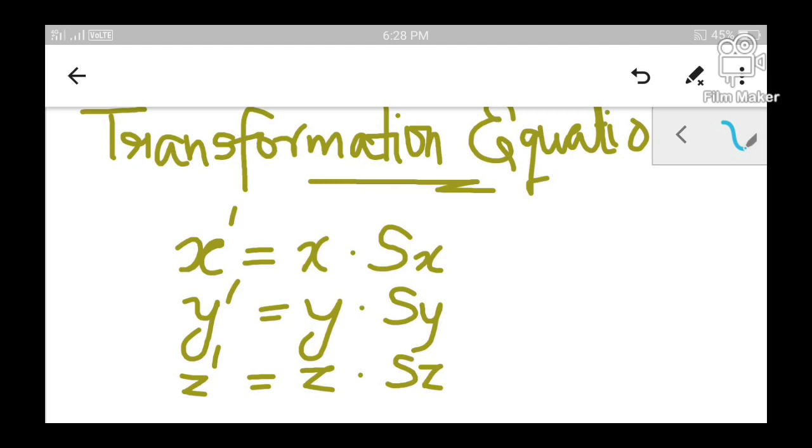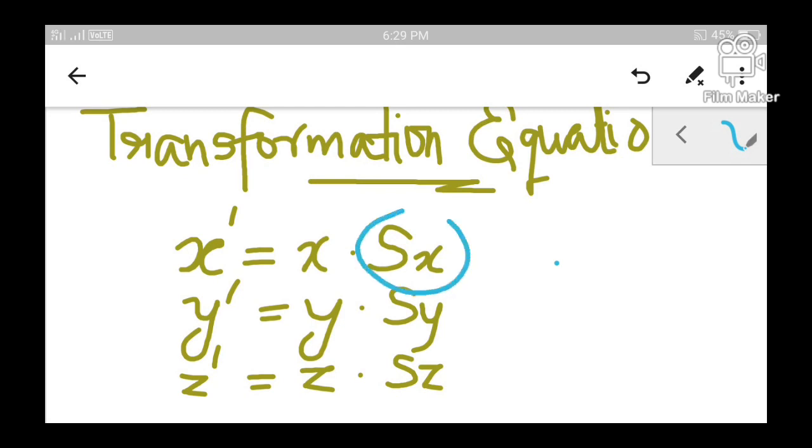So this clearly indicates that every point in three-dimensional space will undergo scaling transformation in all three dimensions. That means scaling will occur in the x dimension, the y dimension and the z dimension. So some value is being multiplied to the x parameter.